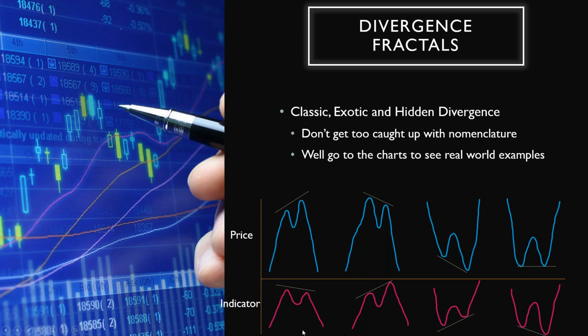And down below, there's your theoretical indicator action, or maybe in your case, it's a separate, correlated market that starts to do something opposite of what your market is doing. That would be your setup, right? In this case, price came up to a high, pulled back and then pushed to a higher high and then started to sell off from there. The indicator in this instance would do the exact opposite, and that would be the pattern that would clue us in to a potential divergence setup.